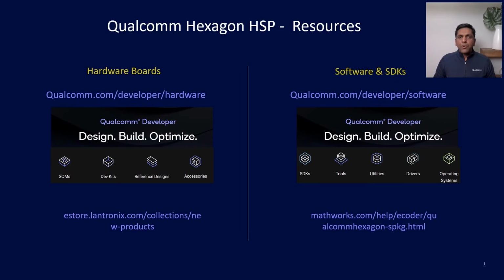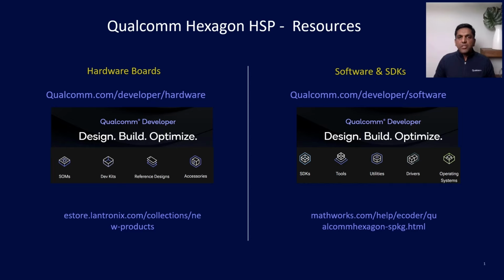To wrap up, I would like to share how developers can get started with deploying their algorithm on Qualcomm's AI hardware using Hexagon Support Package. For those interested in hands-on deployment, Qualcomm collaborates with Lantronix to provide development boards. These boards allow you to test your AI models directly on Hexagon NPU and the Sensing Hub, the same blocks used in commercial Qualcomm SoC.